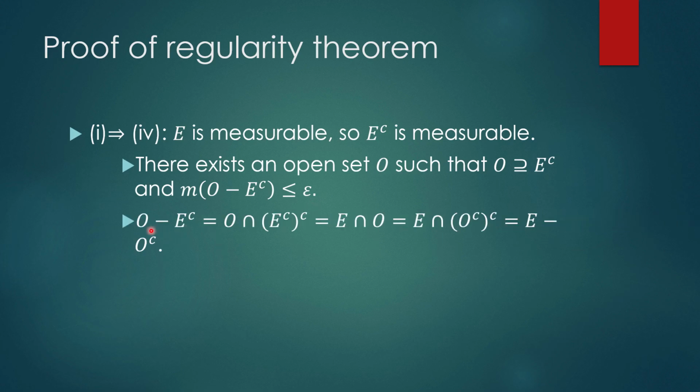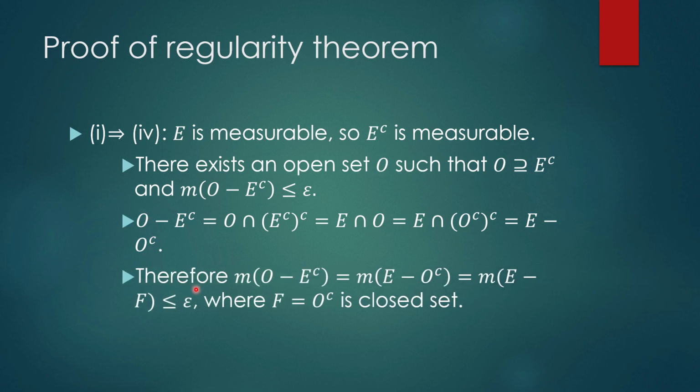Next, O difference E^c you can write in this form: O intersection complement of E^c, and that is exactly equal to E intersection O, and that you can write in this form: E intersection O complement, that is E difference O^c.